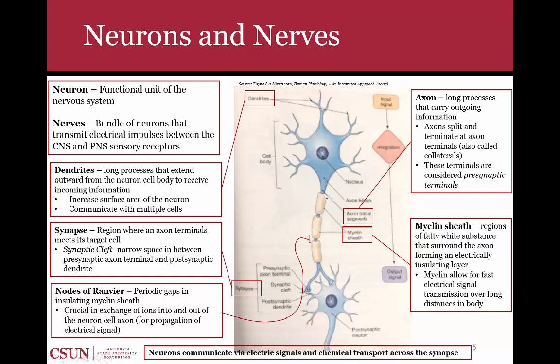Notice on the cell you have this other long process, kind of like a long wire, called an axon. The axon can have this thing called myelin. It's basically fatty molecules surrounding the axon.